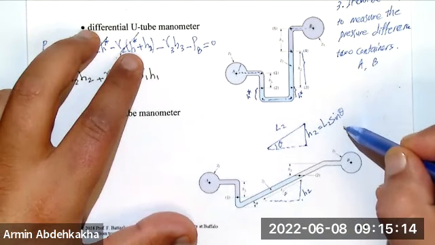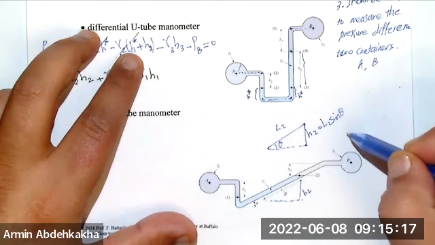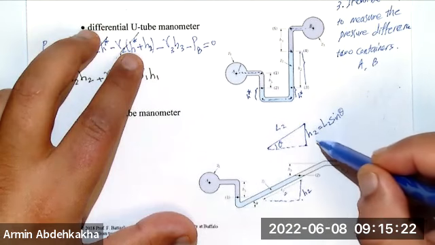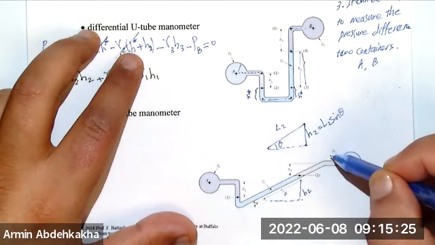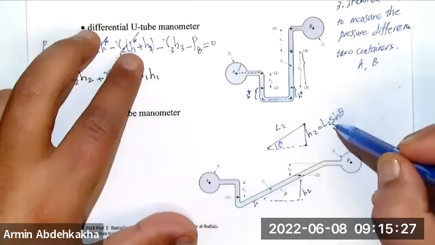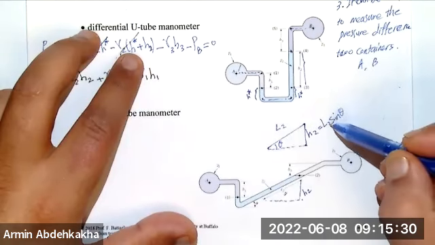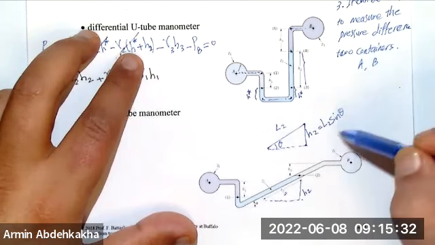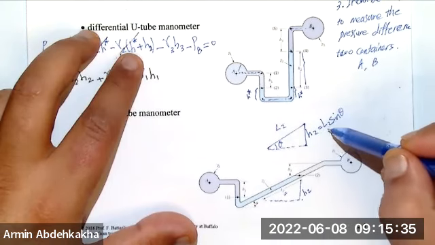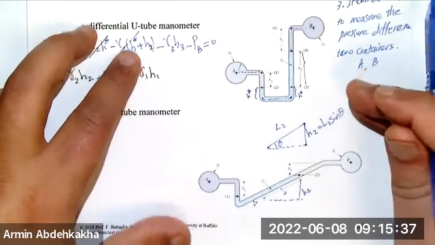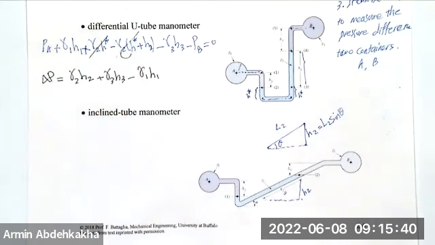When you decrease theta, the sine of theta is going to decrease. These are linear. Then H2 over sine of theta: because sine of theta decreases and H2 is constant, since delta P is constant, L2 would increase because the sine of theta is in the denominator. So L2 increasing means that with a constant pressure difference, you will see a huge difference in the movement of the fluid. That's why you can measure it with an inclined tube manometer.